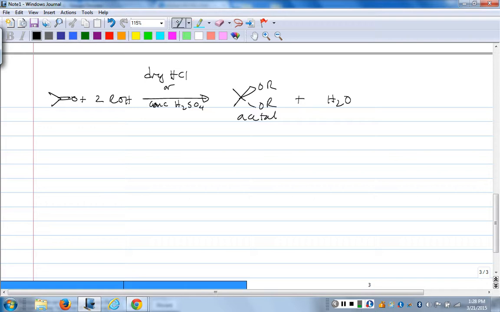Now it turns out this reaction is an equilibrium. And so you can imagine immediately then that by Le Chatelier's principle, if I had a lot of water in the system, then it's a law of mass action, the reaction is going to go backwards, which is not what I want. In the current case, if I'm trying to make the acetal, I want my system to be as dry as possible. And therefore if I have the acid dry, then I'm not adding water to the system, and that's going to tend to push the reaction forward.